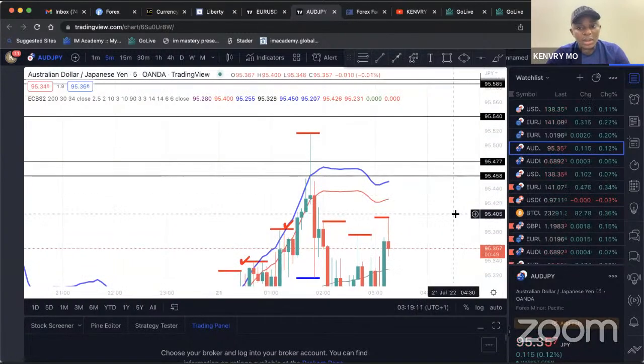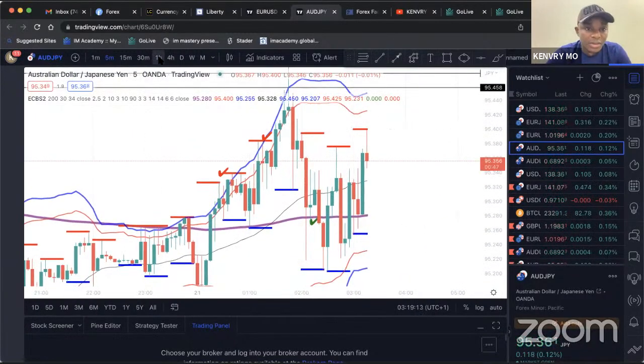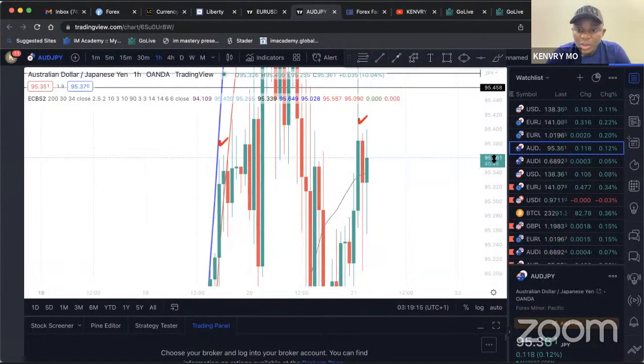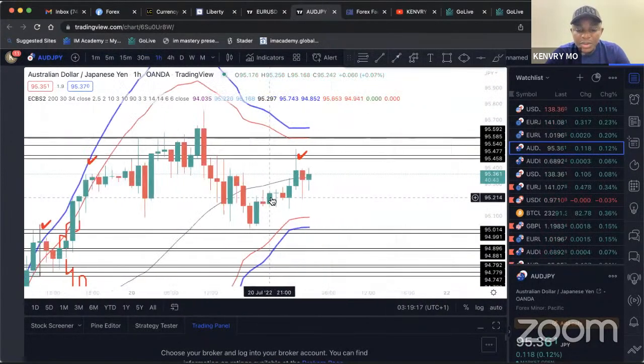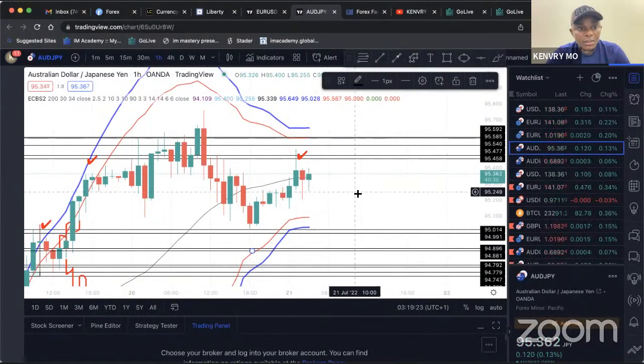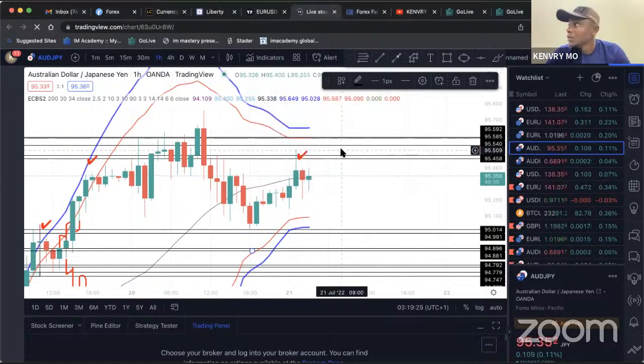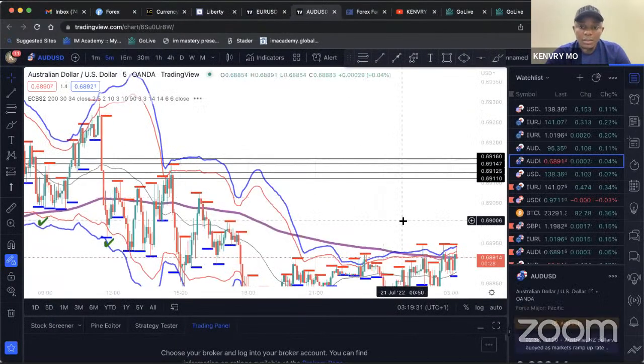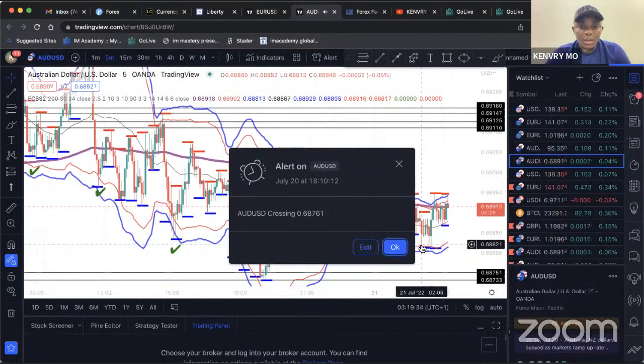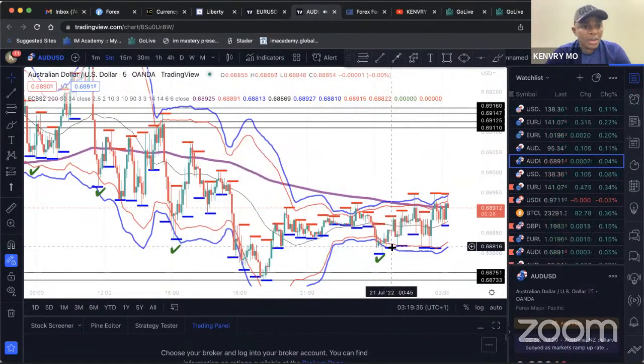And right about now, let's look for the strong areas. Let me see the 1 hour. Okay, this is AUD USD.